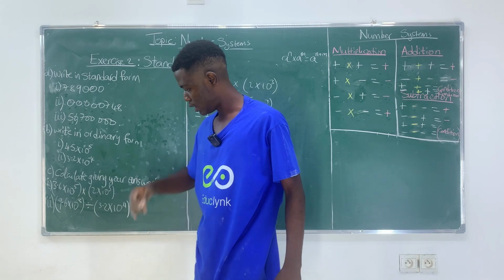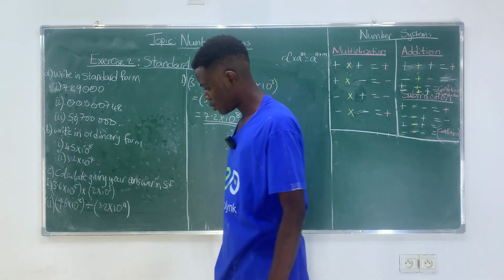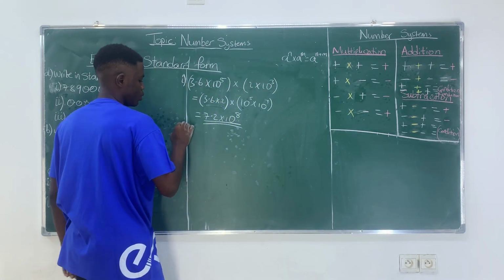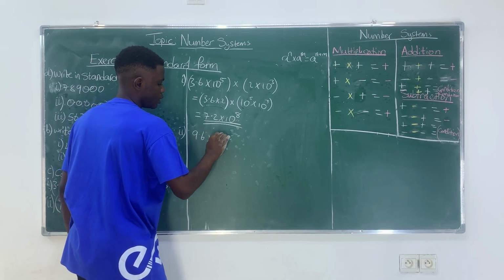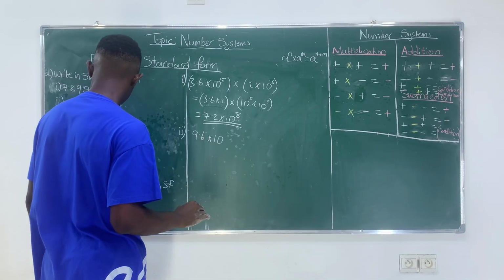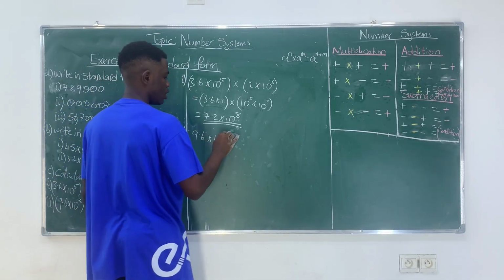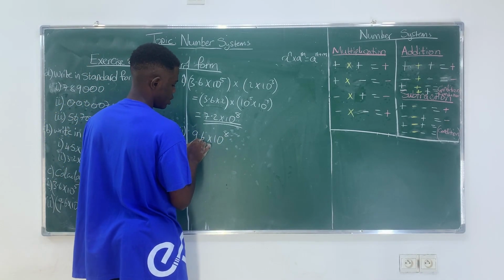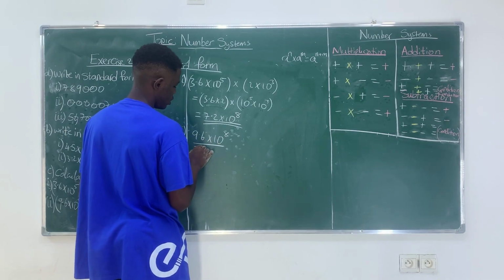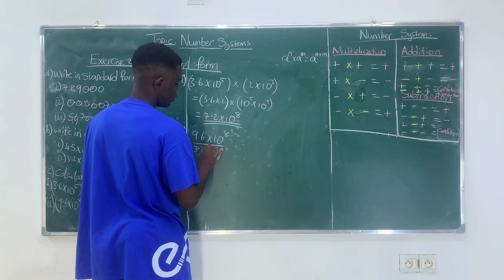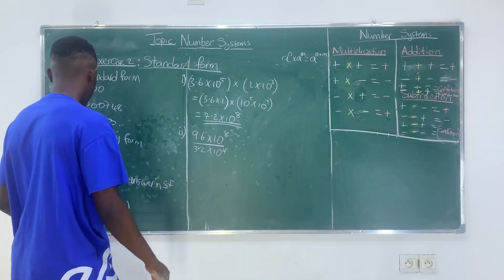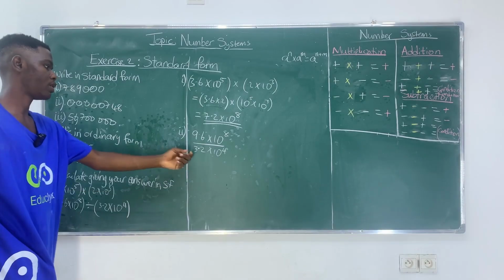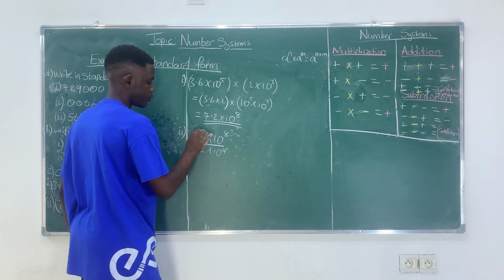For the second exercise, it says 9.6 times 10 to the power 8 divided by 3.2 times 10 to the power 4. That is 9.6 times 10 to the power 8 all over 3.2 times 10 to the power 4.